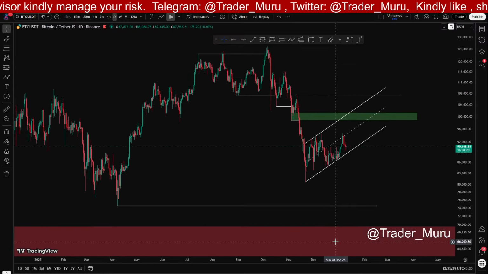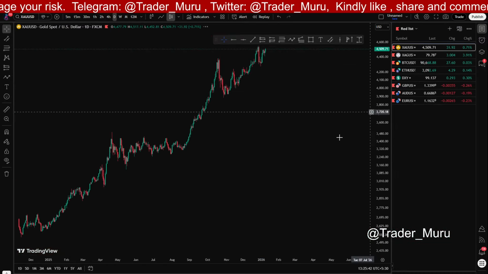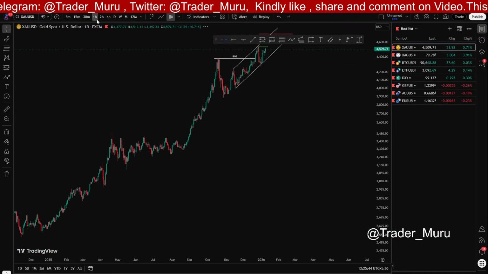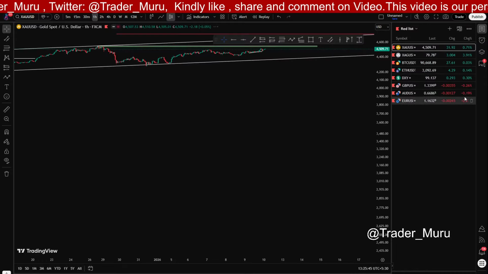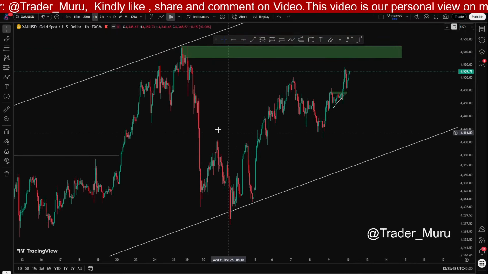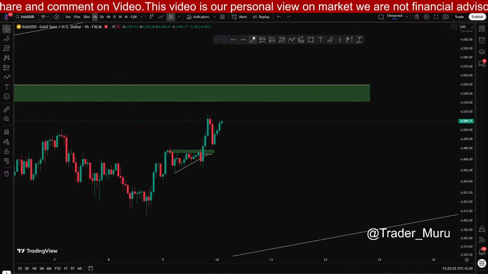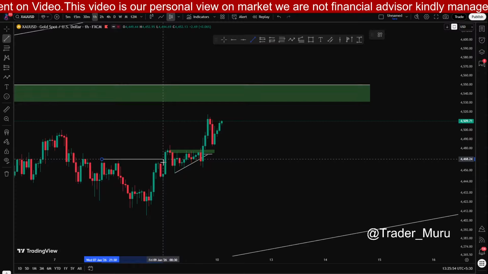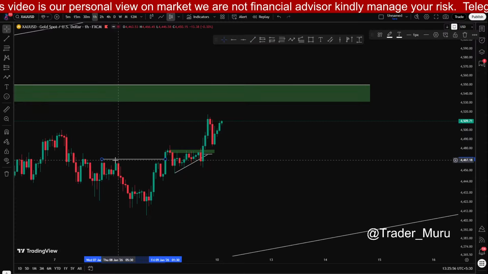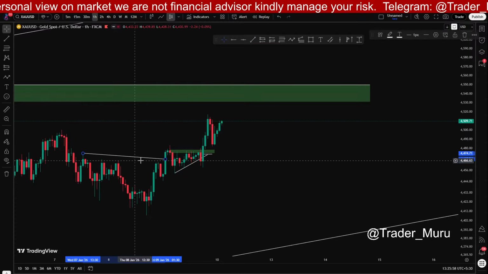That's what we did in gold yesterday. As you remember, I told everyone that price had already changed its character in the 1 hour time frame after closing two candles above the previous high.